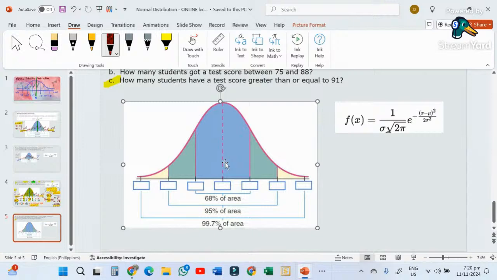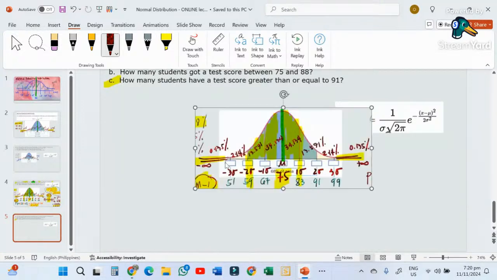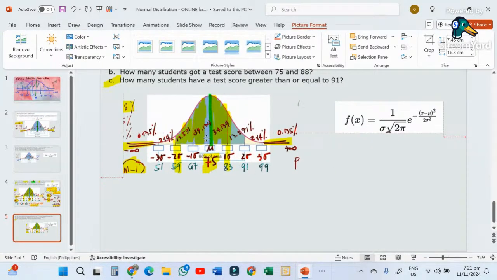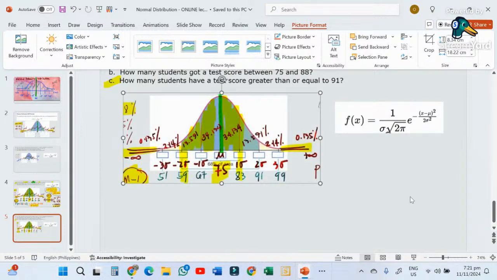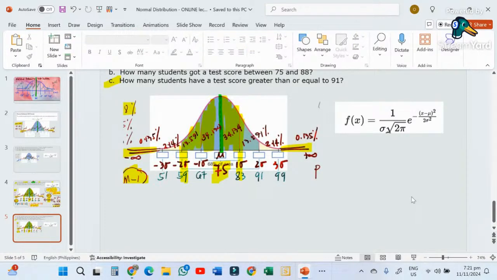Okay, here. I'll take that away and put this in. All right. In two ways, how many students have a test score greater than or equal to 91? So, greater than or equal to 91 by using the curve. So I'll put an X here.